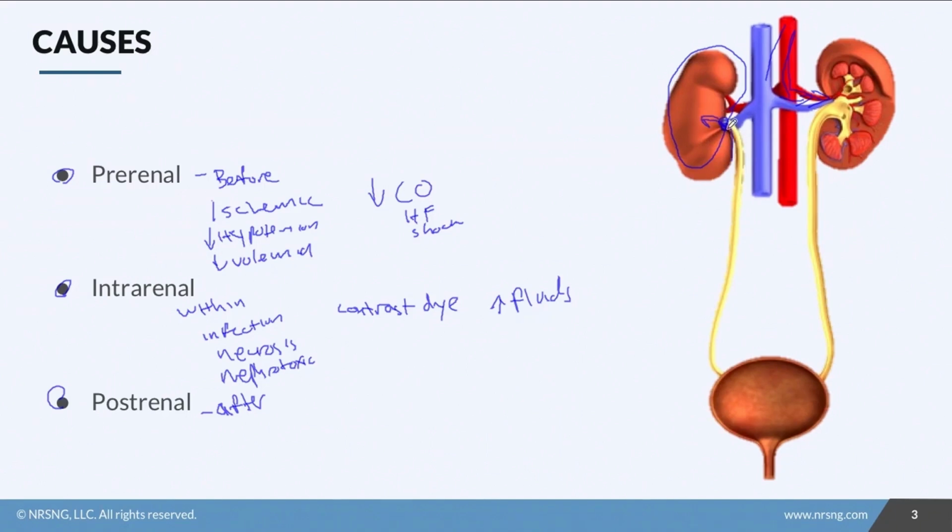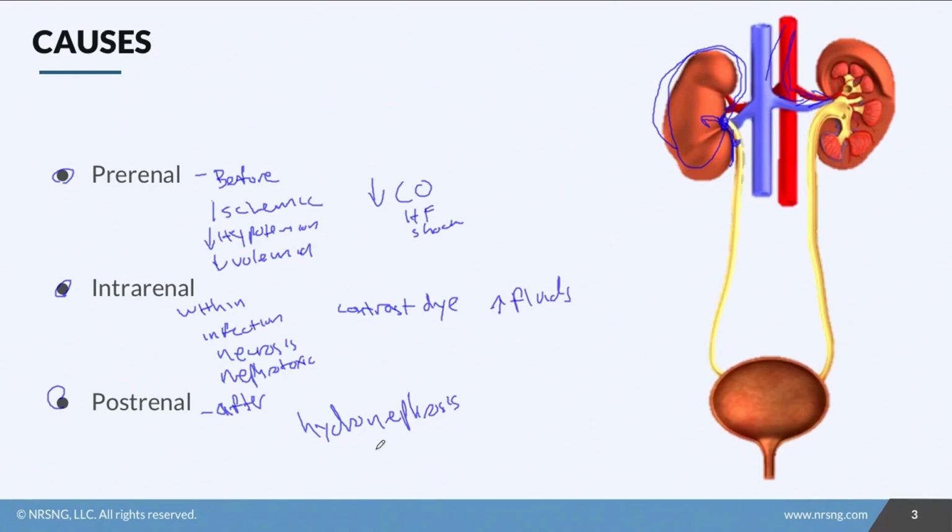We aren't able to get this fluid all out, and the kidneys start to fill up with fluid. But the problem is something after the kidneys. That's called hydronephrosis, when the kidneys begin to fill with this fluid, and it causes damage and decreased kidney function.